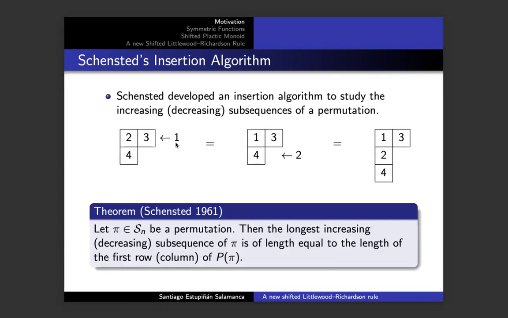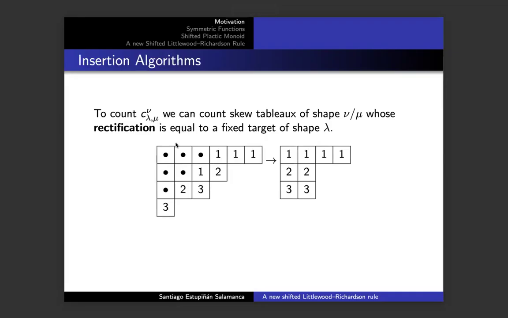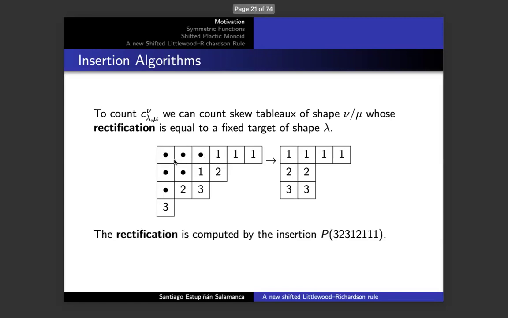The way that you can compute the coefficients of the Grassmannian is that you can consider these skew diagrams, which are semi-standard Young tableaux with certain gaps. And you can define the rectification of such a skew diagram.